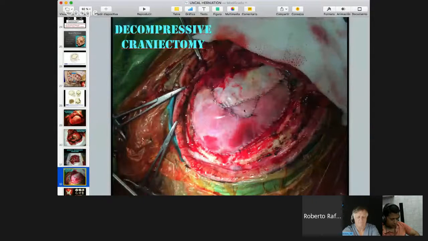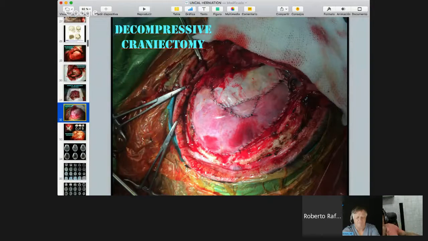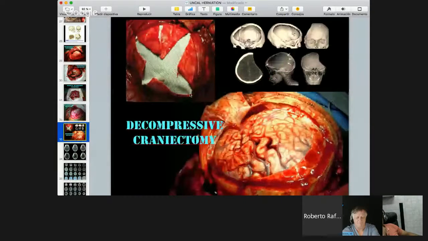And this is the closure of the dura mater with some parts, with plastic. And we prefer the star shape to open the dura mater here. This is the big decompressive craniectomy, and the CT scan after relieving the intracranial hypertension.